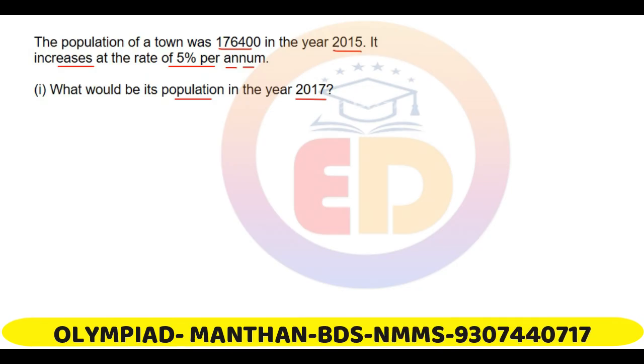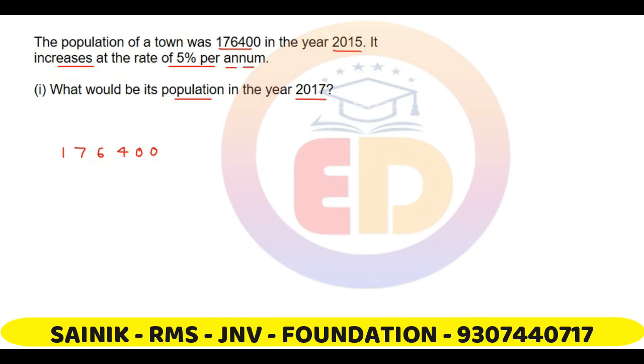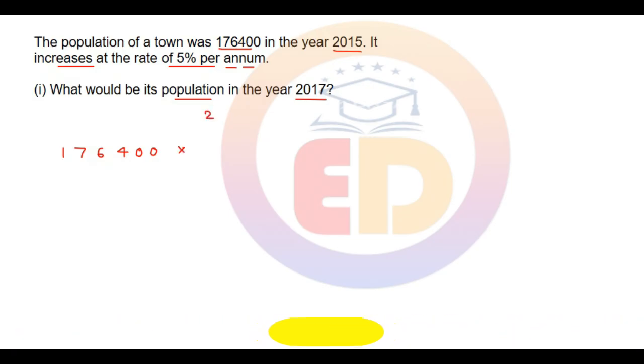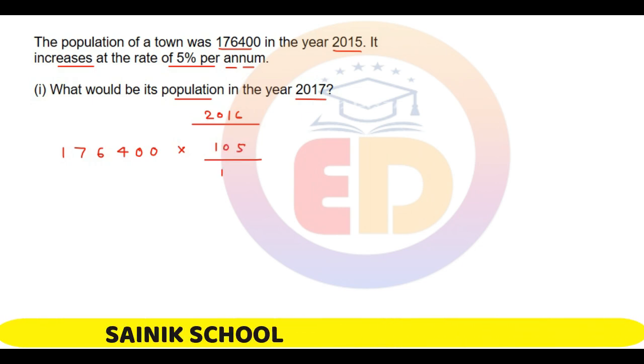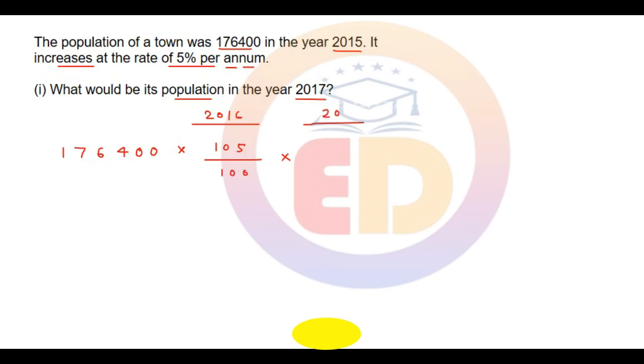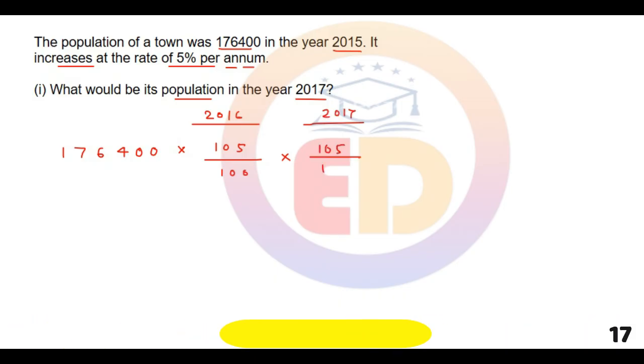Let us increase this population 1,76,400 by 5% for the first year. So in 2016, for 2016, let us increase it by 5%. This is how we increase by 5%. Multiplied by, for the next year 2017, let us again increase by 5%. This is again another increase by 5%.